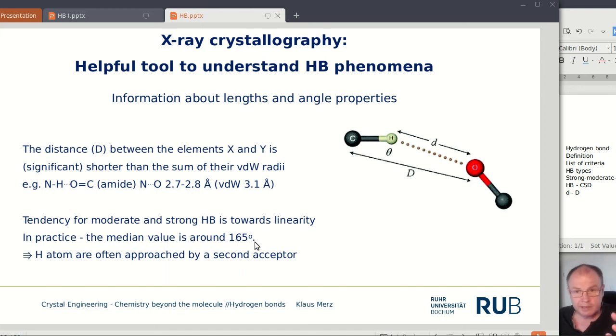The reason is easy: mostly in the crystal structure, additional acceptor partners are available in the near environment of a hydrogen bond. This disturbs the hydrogen bond and leads to a shortening of the angle. So mostly 165 degrees.